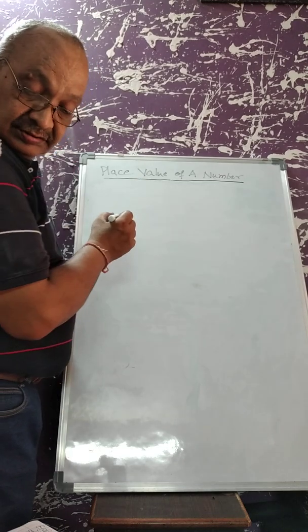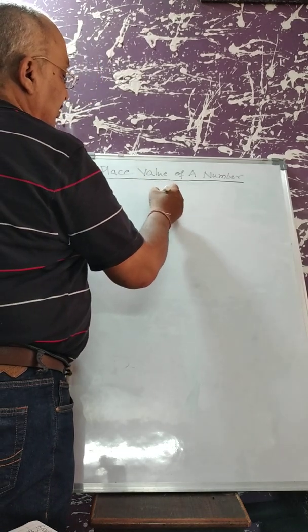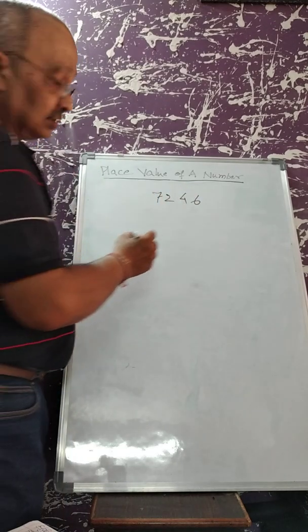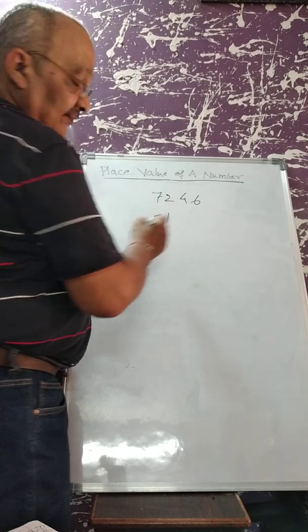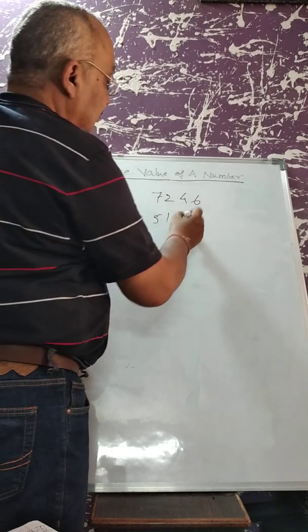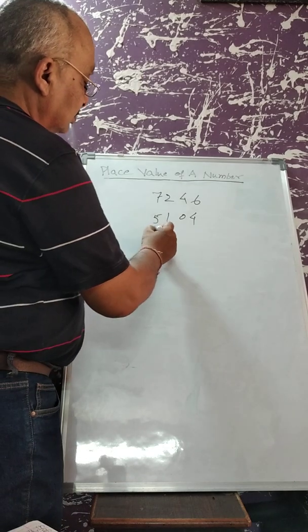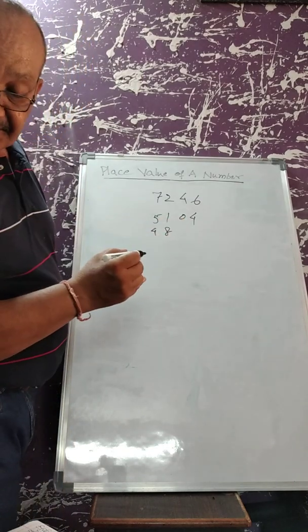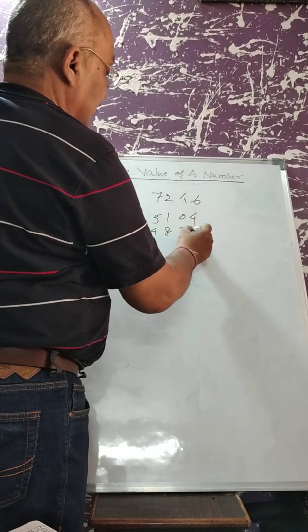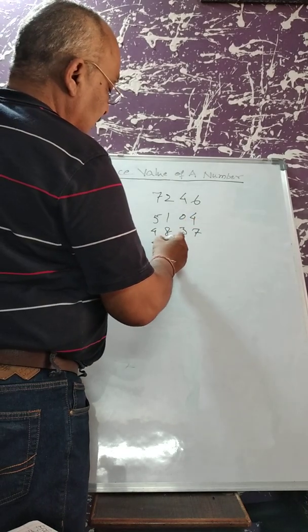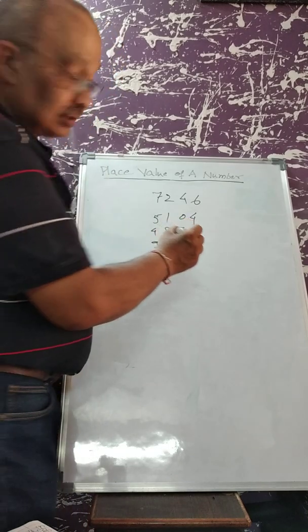Now, suppose four numbers again. One more example: 7246, 5104, 4837, 9437.